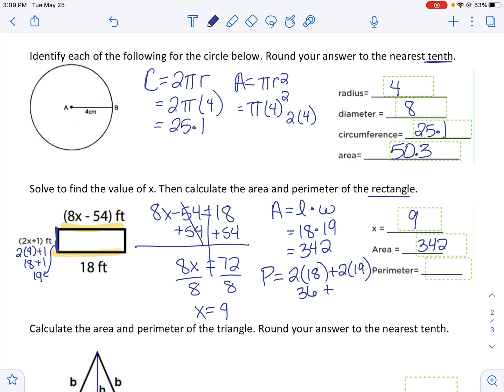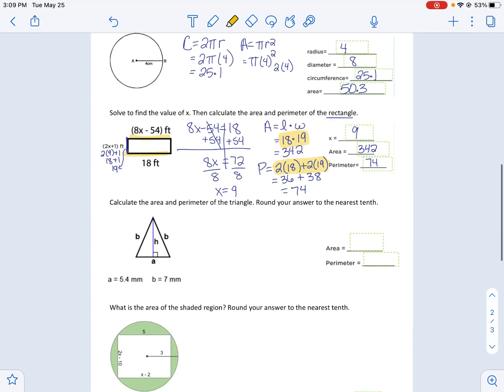Plus 2 times 19. So 2 times 19 is 38, I'm sorry. So 38 plus 36 is 74. Again, this could have been typed in directly into the calculator, as well as the 18 times 19.